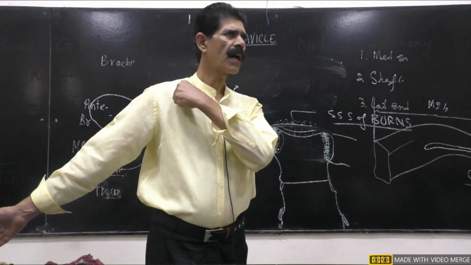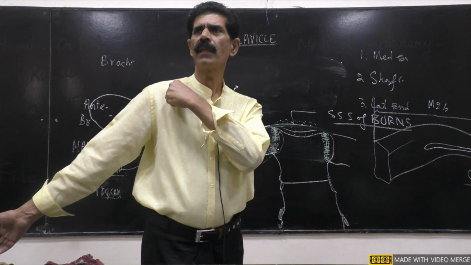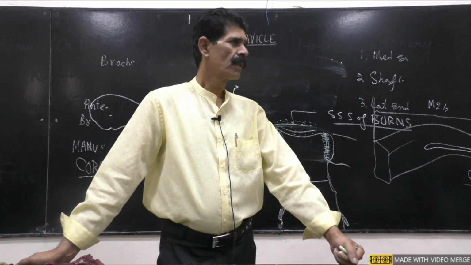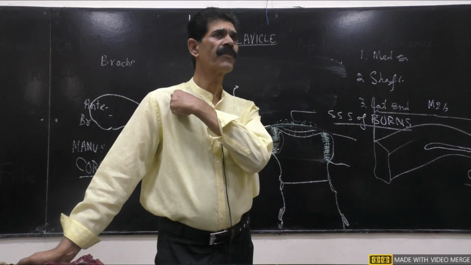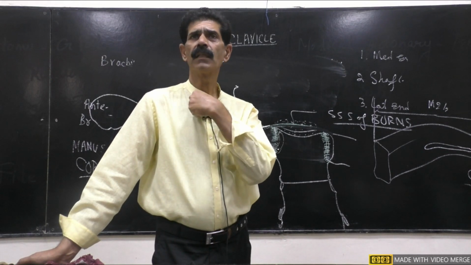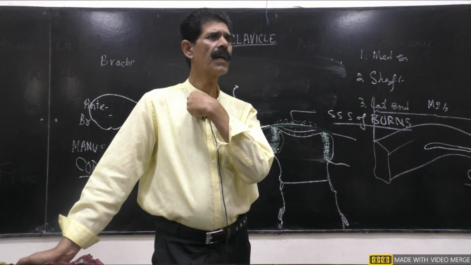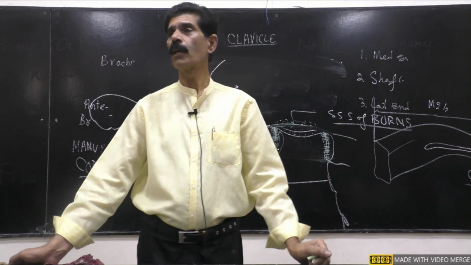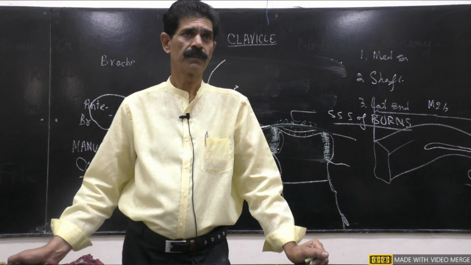So it keeps the upper extremity away from the body. That is why it is lying horizontally. So its medial 2/3 is very much fixed by two ligaments, one muscle, and one more ligament and the joint. So that is the fixity of the medial 2/3 of the clavicle.